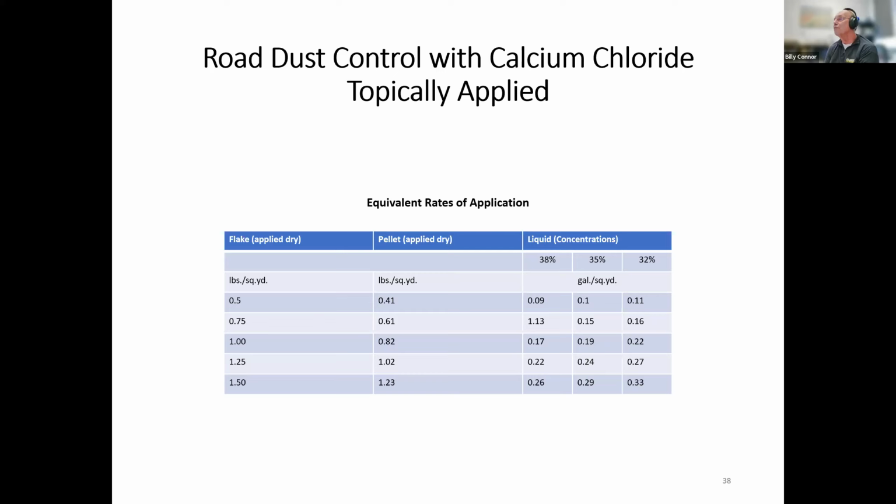For pellets, it's 0.41 for topically applying it. And then depending on the liquid concentration you choose, 38 or 35 or 32%, you've got the values per square yard, or gallons per square yard, that you're going to put down. So that chart helps you put it together. And this is aimed at topically applied. There again, in the end of the slides, if you want to mix it in 2 to 4 inches, there are some example computations of that as well.